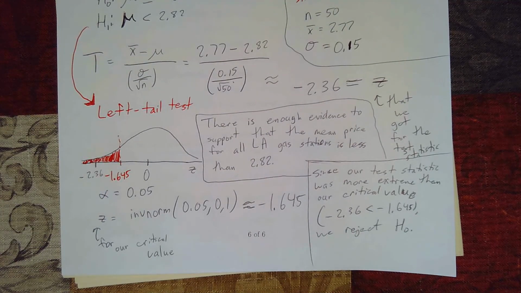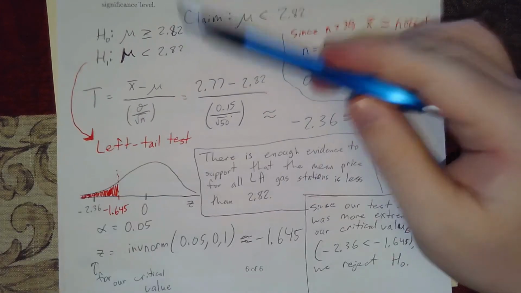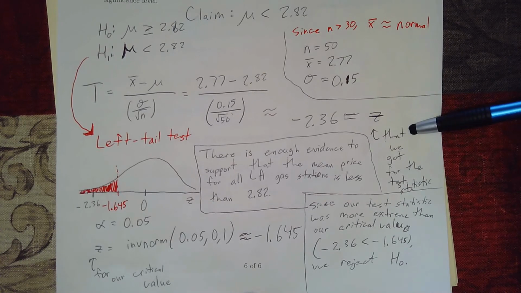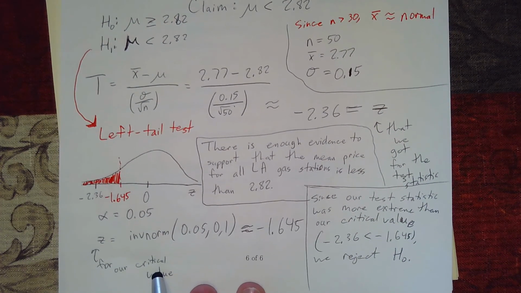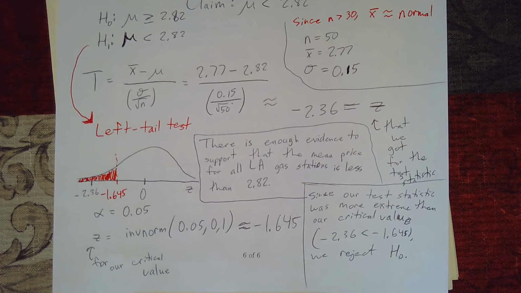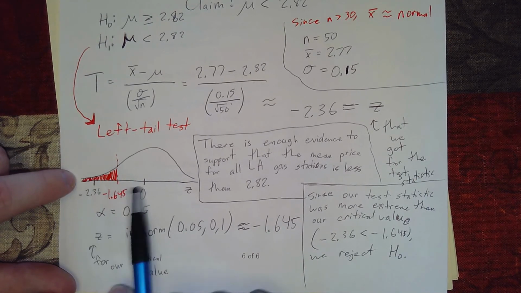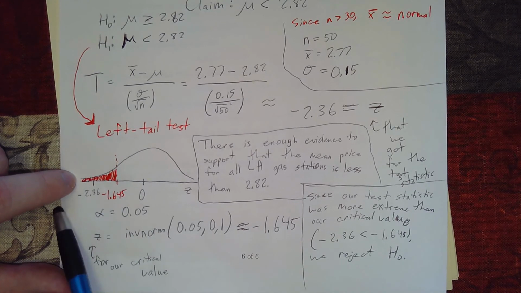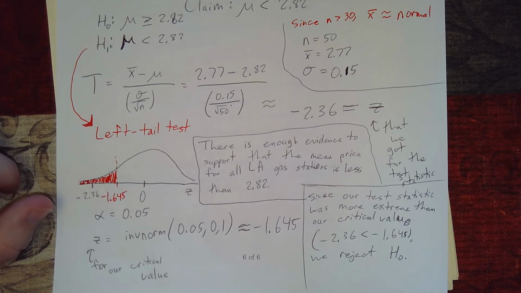So this is our critical value method. We start with our null and alternative hypotheses based on our claim. We create our test statistic, and we determine our cutoff value for deciding whether or not we should reject. If we are past that in the direction we have, since we're looking at a left tail test this time, meaning to the left of that, then we will reject our null hypothesis.